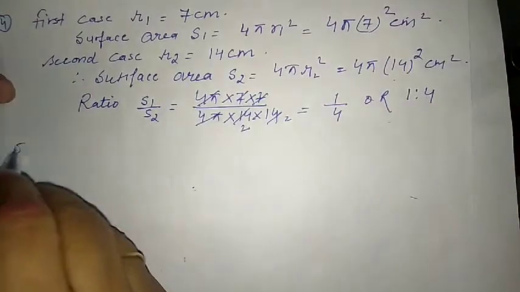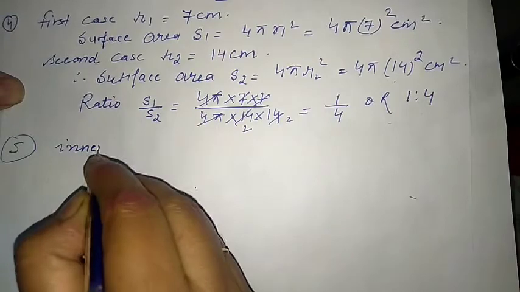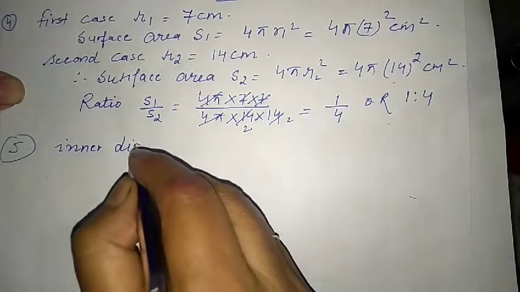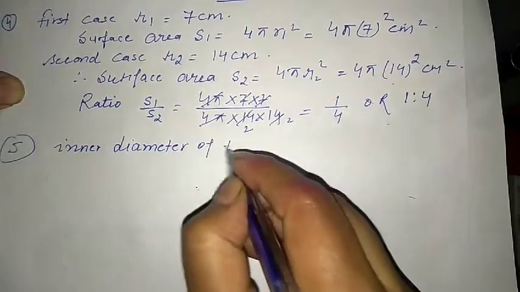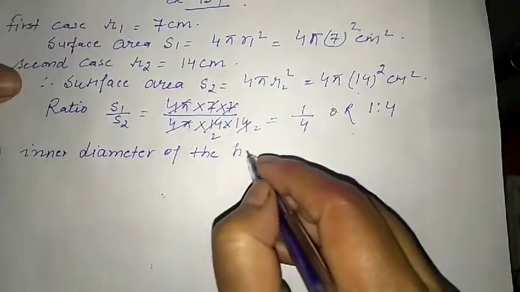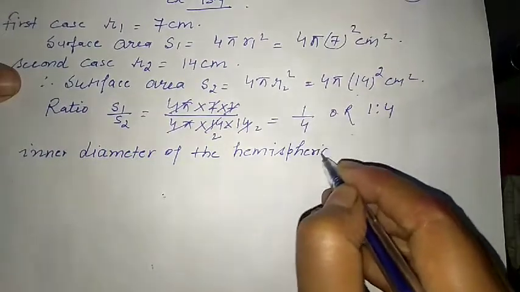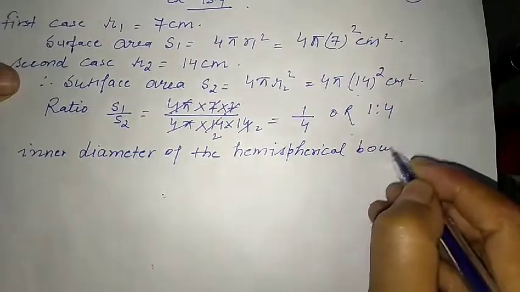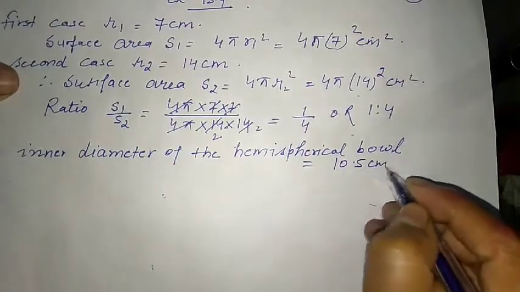Fifth question. Inner diameter of the hemispherical ball is given, 10.5 centimeter.